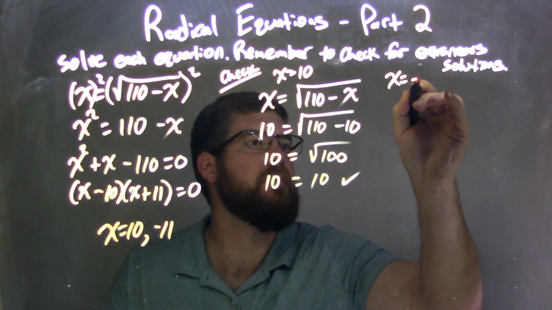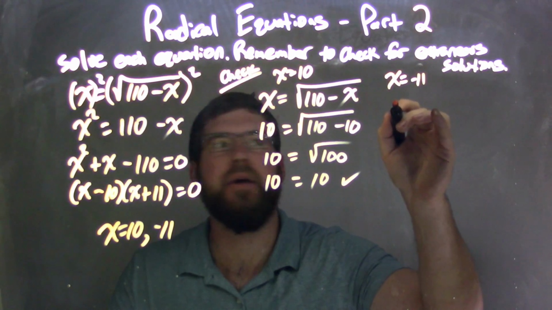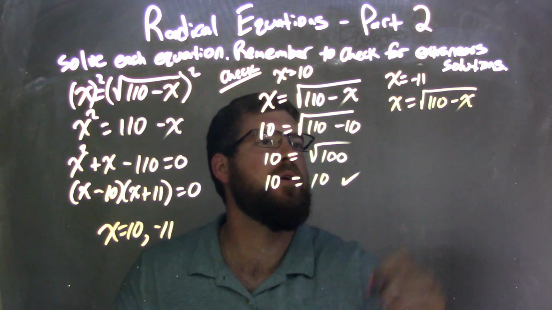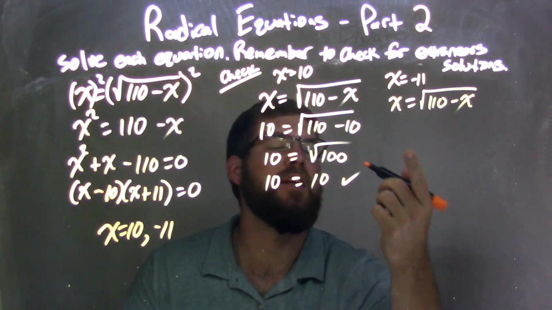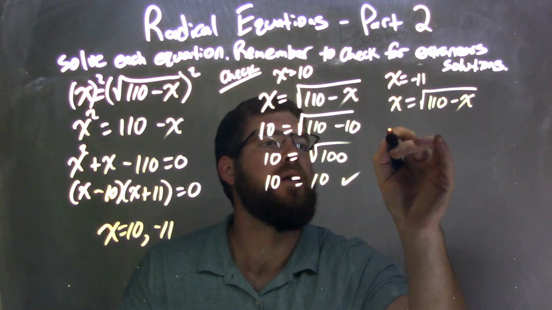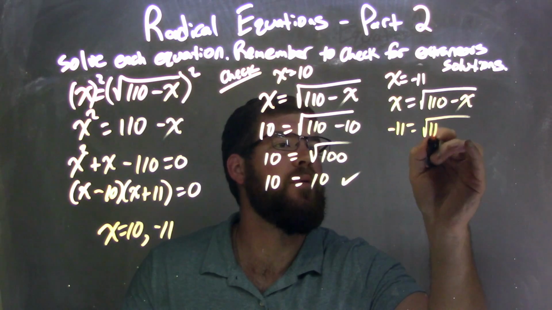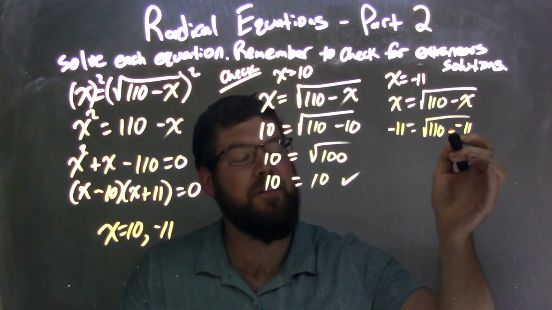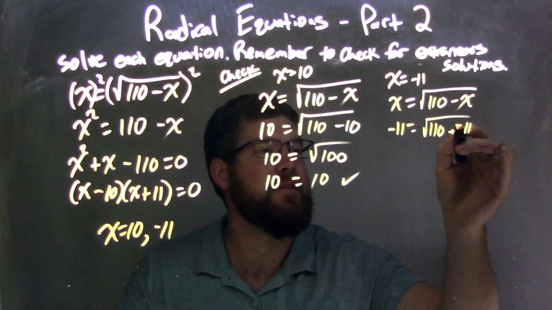Can't forget him. He's just sitting there. I'm rewriting my equation here. Then I'm going to plug negative 11 in for x. So negative 11 equals the square root of 110 minus negative 11. Subtracting a negative is the same thing as adding a positive.